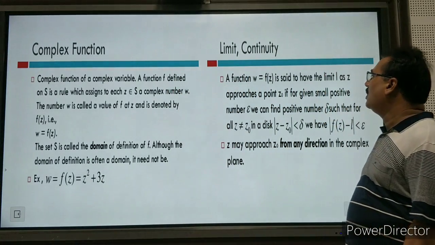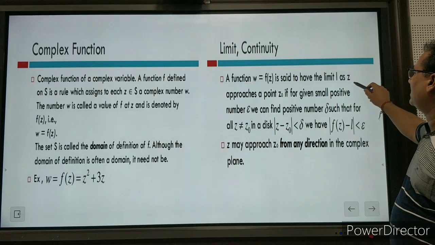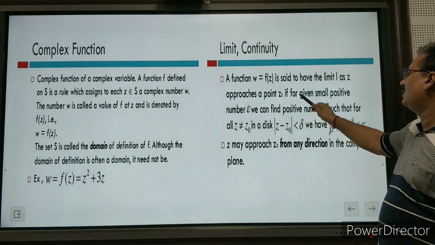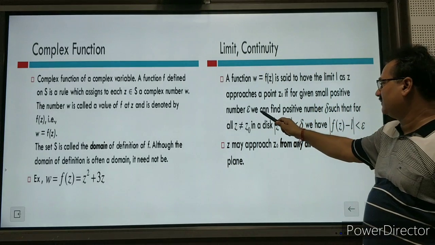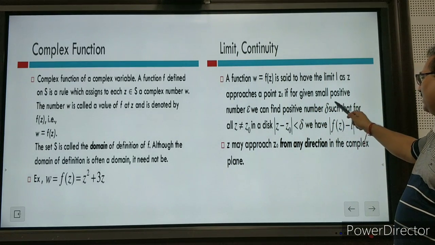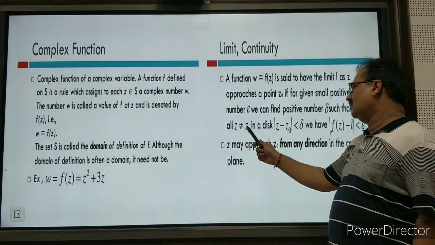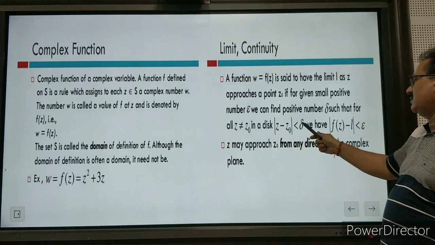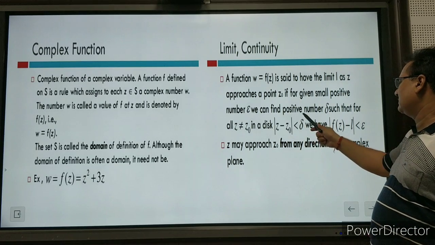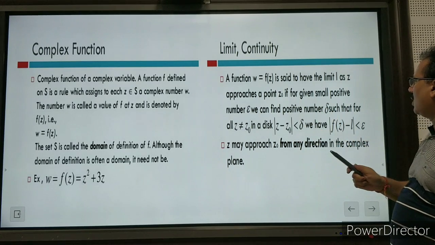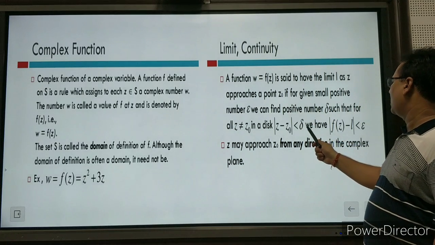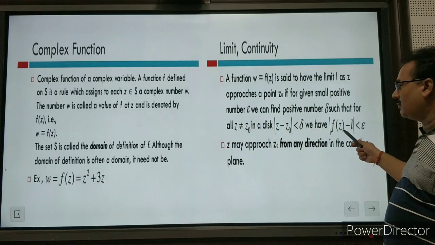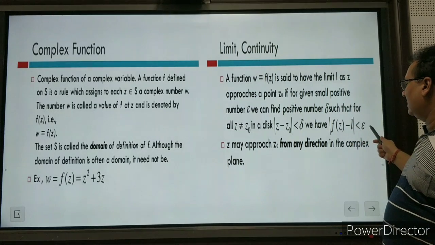Now a function w = f(z) is said to have the limit l as z approaches a point z naught if, for a given small positive number epsilon, we can find a positive number delta such that for all z not equal to z naught in the disk |z - z naught| < delta, we have |f(z) - l| < epsilon.